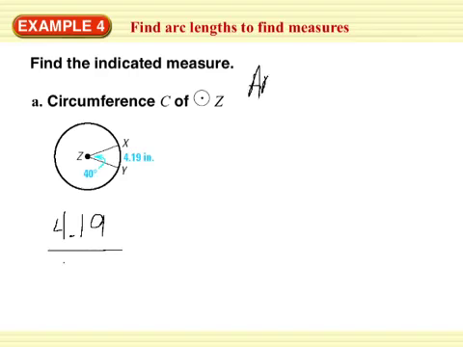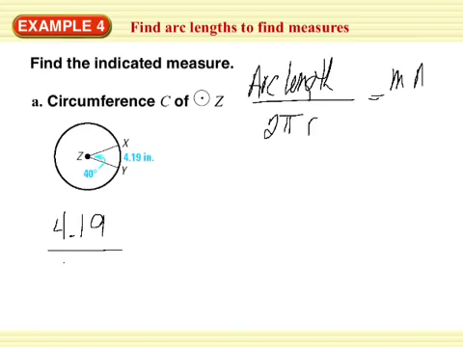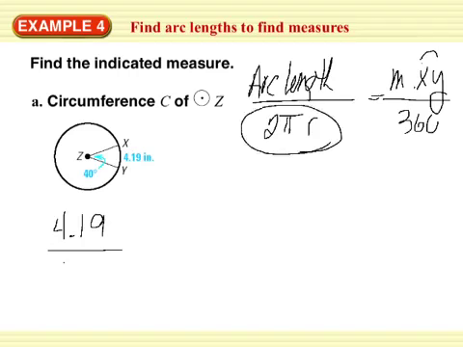The arc length over 2 pi r equals the measurement of the arc in degrees, in this case XY, over 360. So we're trying to solve for the circumference, which is 2 pi r.